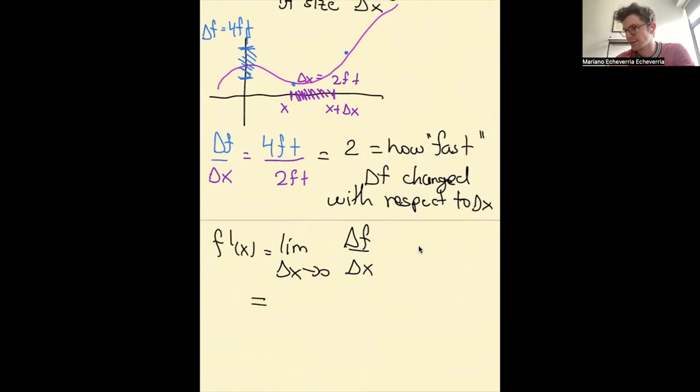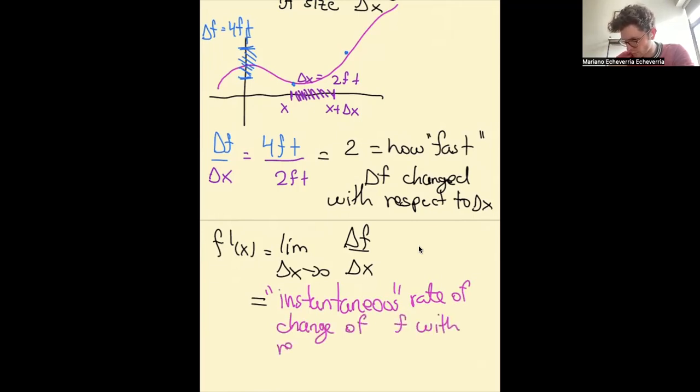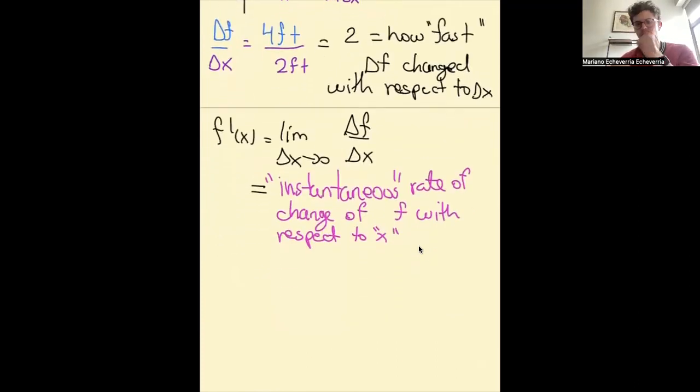So in general, it's better to use this other notation for the derivative.